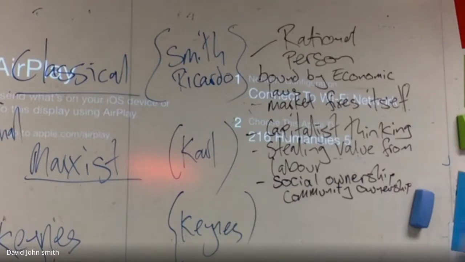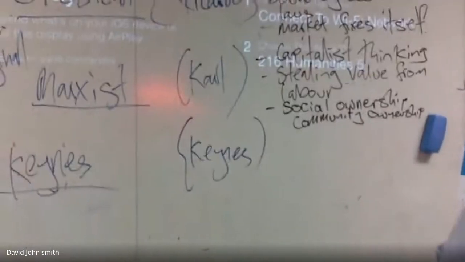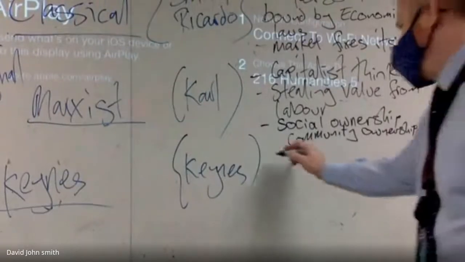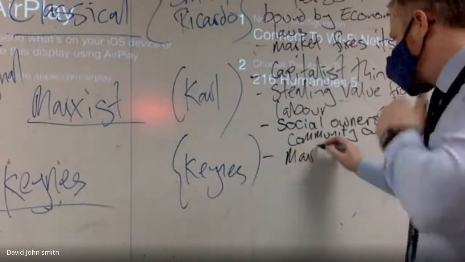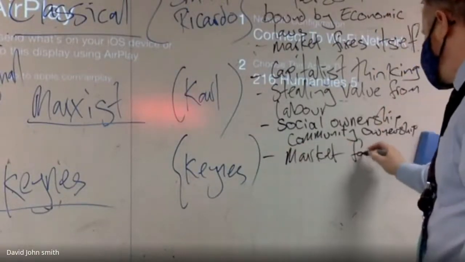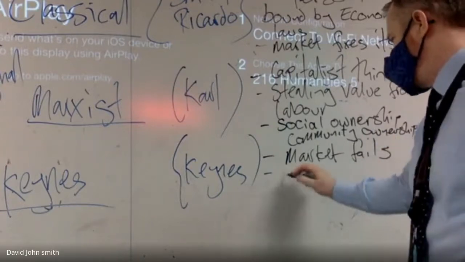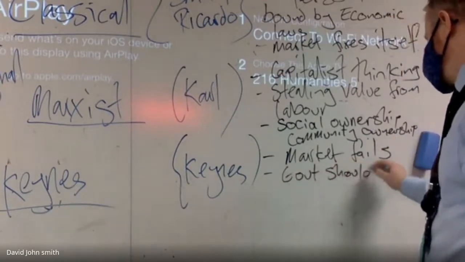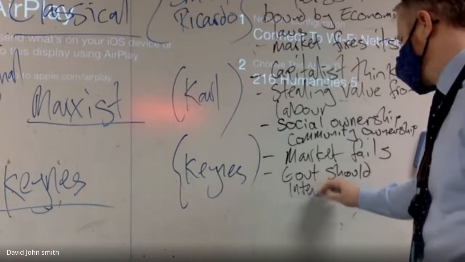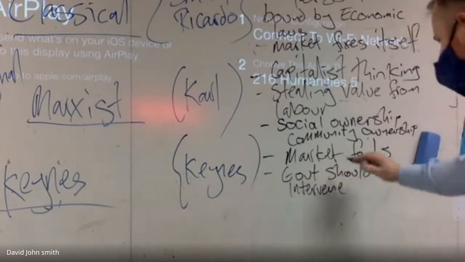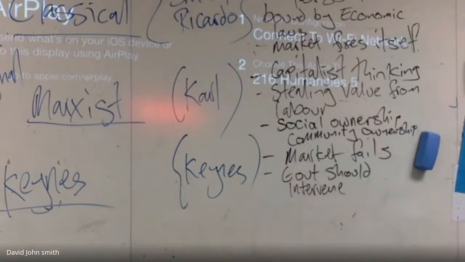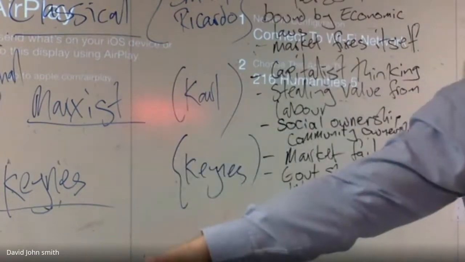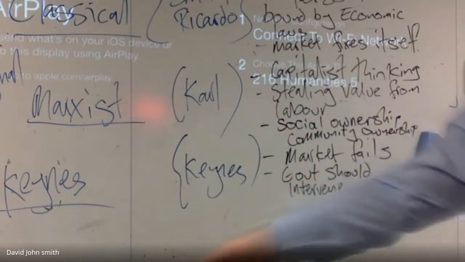Whereas Keynes suggested that the market fails. Keynes suggests that the government should intervene. Now, a lot of that we are covering next.